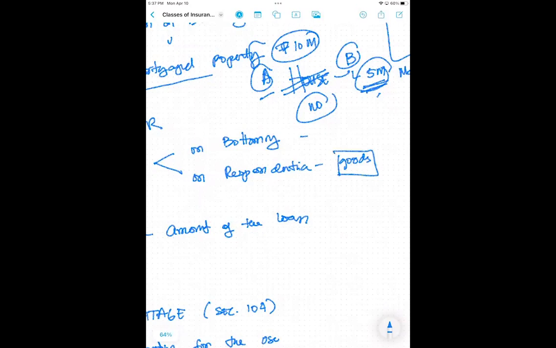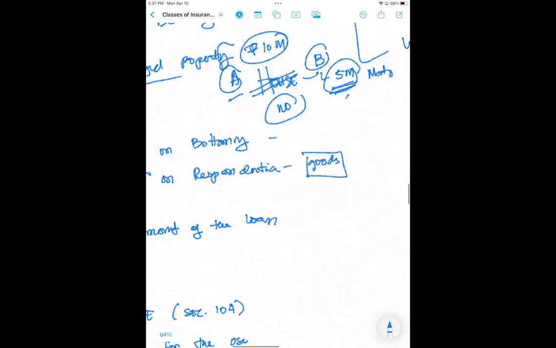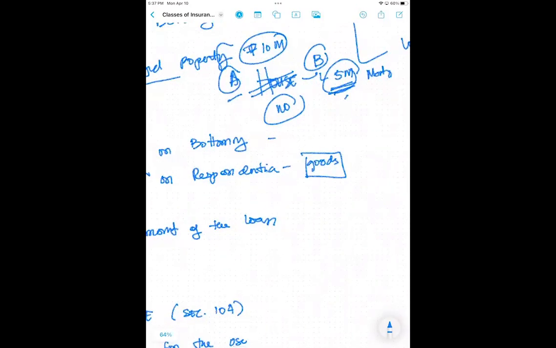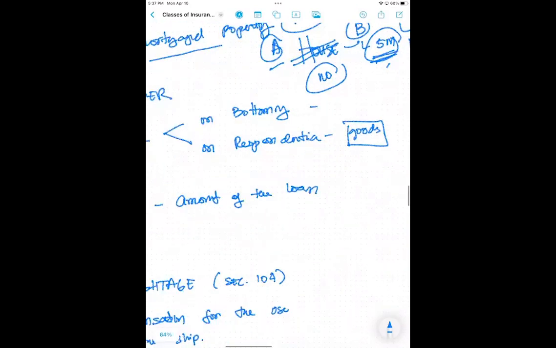Okay, so let's say, for example, goods are worth 10 million pesos and it is covered by a loan on respondentia and the ship sank together with all the goods, then the borrower will not have to pay the lender under loan on respondentia.